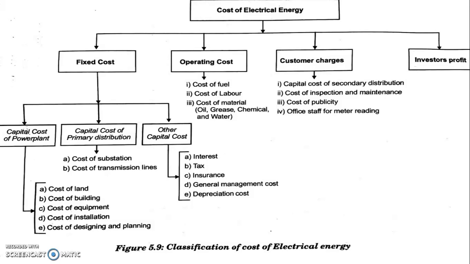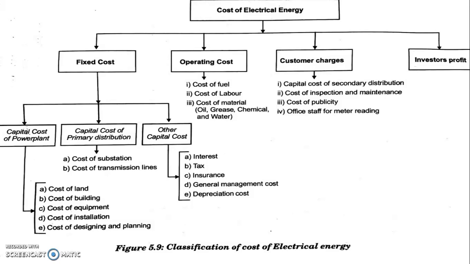In fixed cost there are three types. First one is capital cost of power plant, second one is capital cost of primary distribution and third one is other capital cost. Capital cost of power plant is nothing but cost of land, cost of building, cost of equipments, cost of installation, cost of designing and planning.